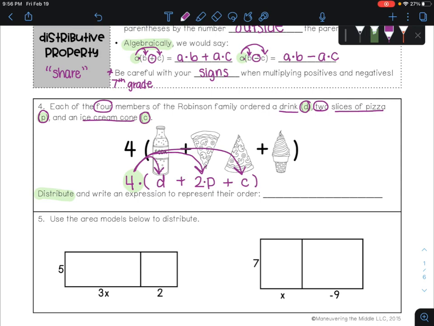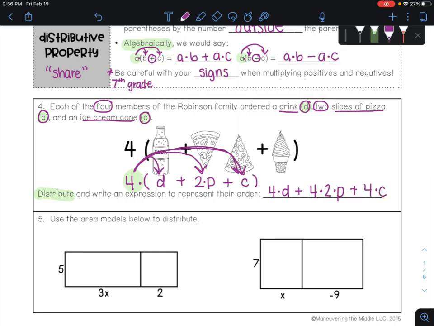So we have to times all of it by 4. So 4 times the drinks, 4D, plus 4 times the 2 slices of pizza would be 4 times 2 times P, plus 4 times the ice cream cone, 4 times C.